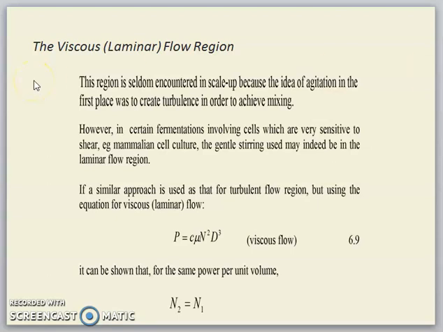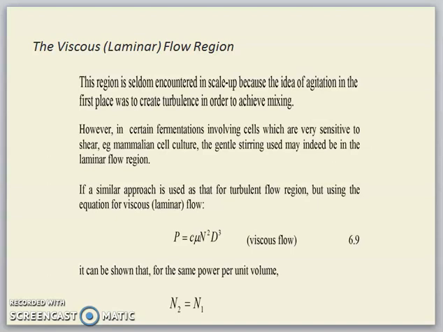Such as in mammalian cell culture, gentle stirring may indeed be laminar, because we don't want to damage or break the cell, so we need a very slow stirring, which forms a laminar region.